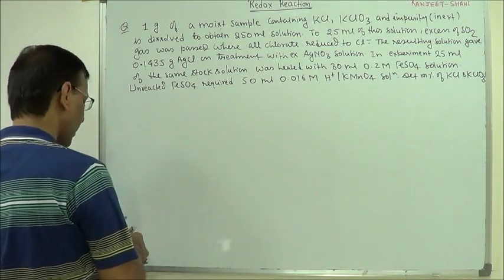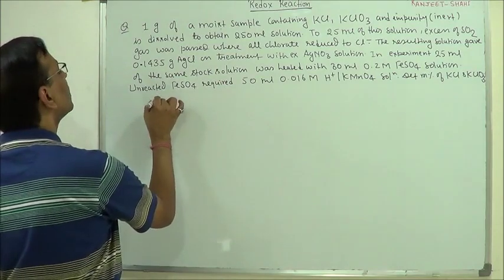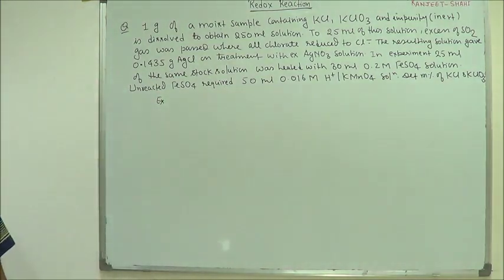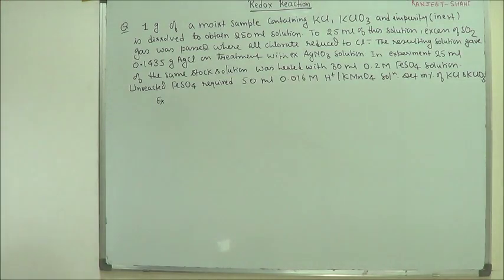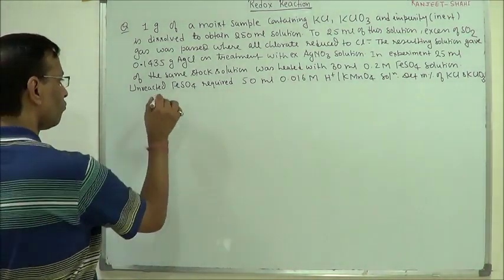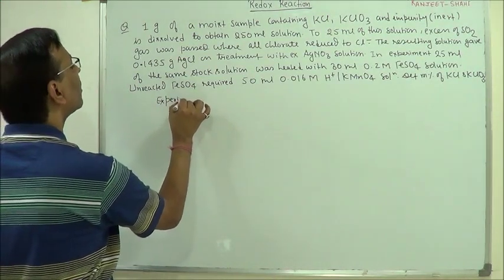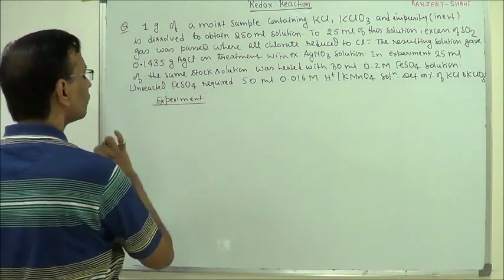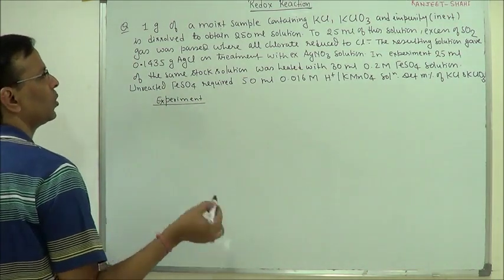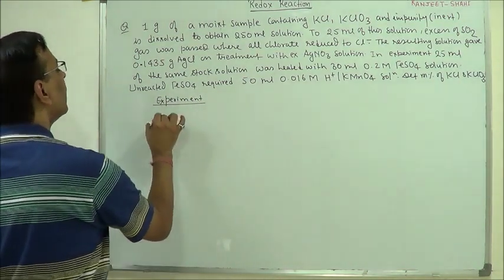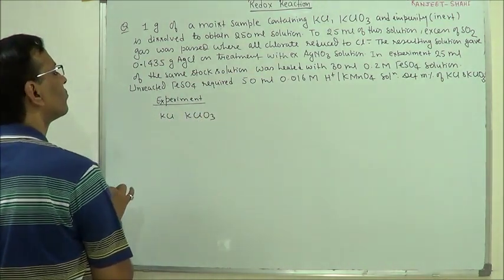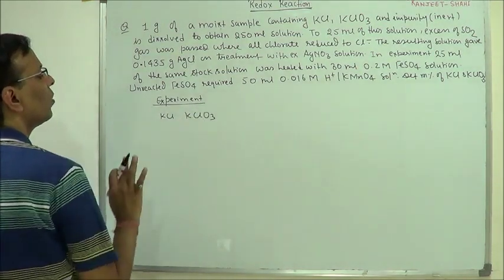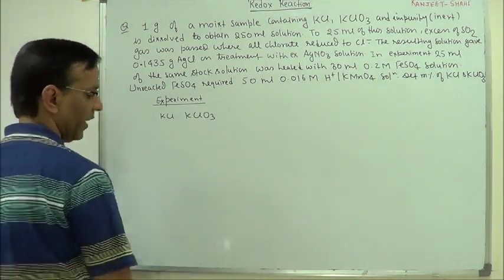In first experiment, we have two sources of chloride, KCl and KClO3, but both contain 1 mole of Cl, so both will give 1 mole of chloride.